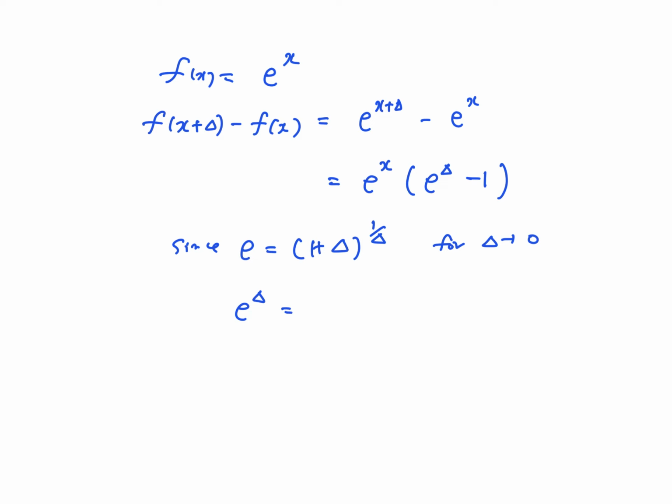E to the delta is (1 plus delta) to the 1 over delta, to the delta, right? So this is actually 1 plus delta, so e to the delta minus 1 is actually delta.